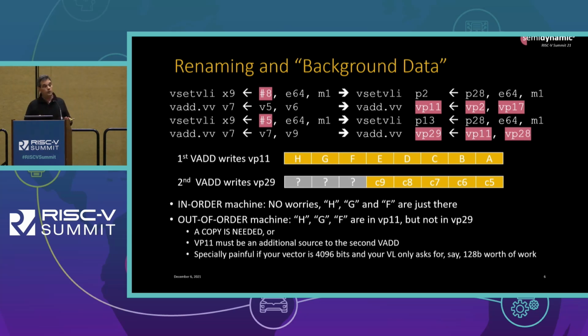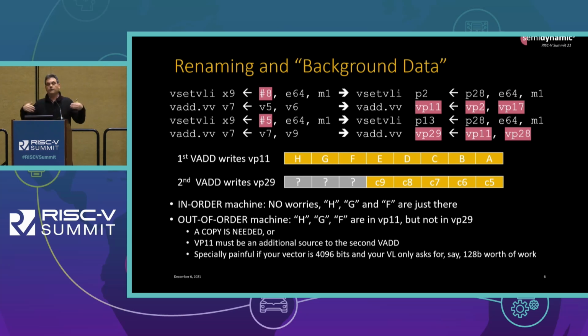Now, this gets even worse for the people that enjoy long vectors, right? Most of the room probably are familiar with AVX 512 and ARM SVE. It's also around the 512 mark, but if you go beyond that, 2,000 bits, 4,000 bits, and beyond, then this tail problem becomes really irritating, right?